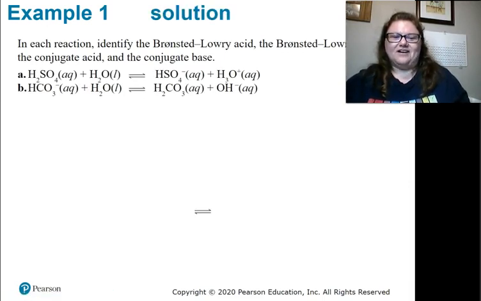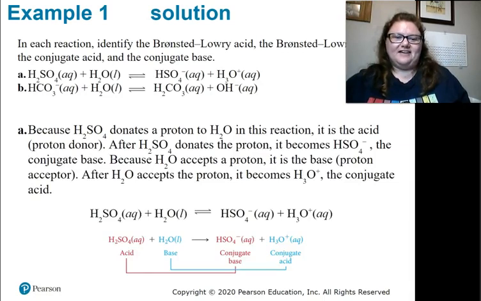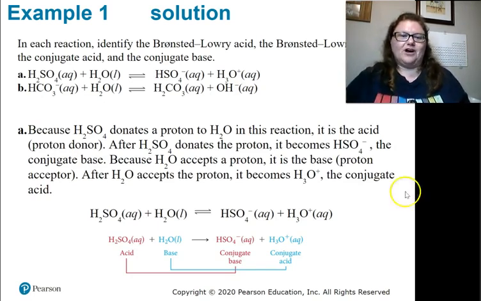All right, so here we are. For A, because H2SO4, which is sulfuric acid, donates a proton to the water in this reaction, it's the acid. After H2SO4 donates that proton, it becomes HSO4 negative.